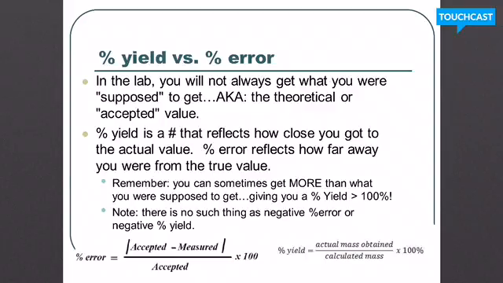So all you have to do is do a calculation called percent yield, which is what you got divided by what you should have got, times 100. And then to figure out how far away you were from the accepted value, you're going to do another calculation called percent error. Percent error just basically tells you how far away you were from getting 100%.